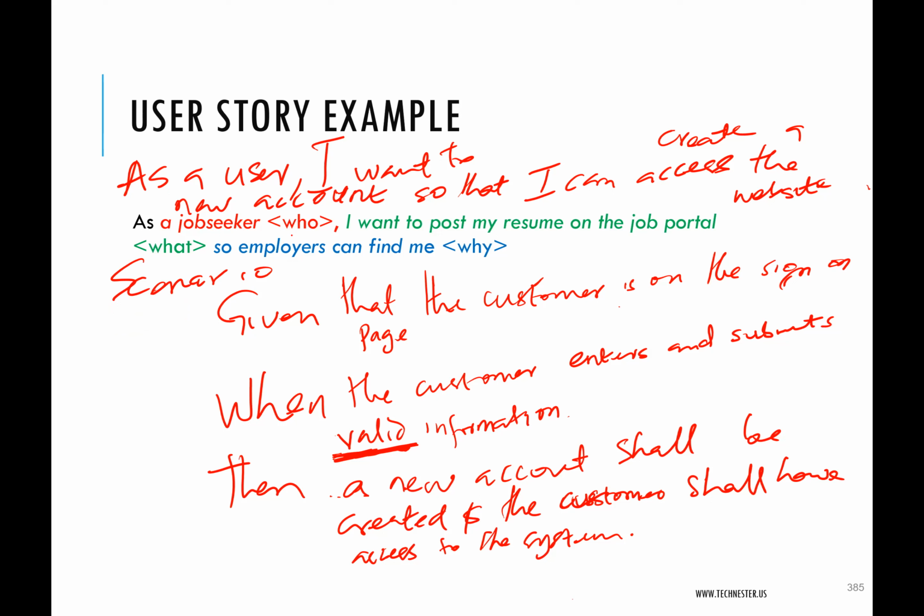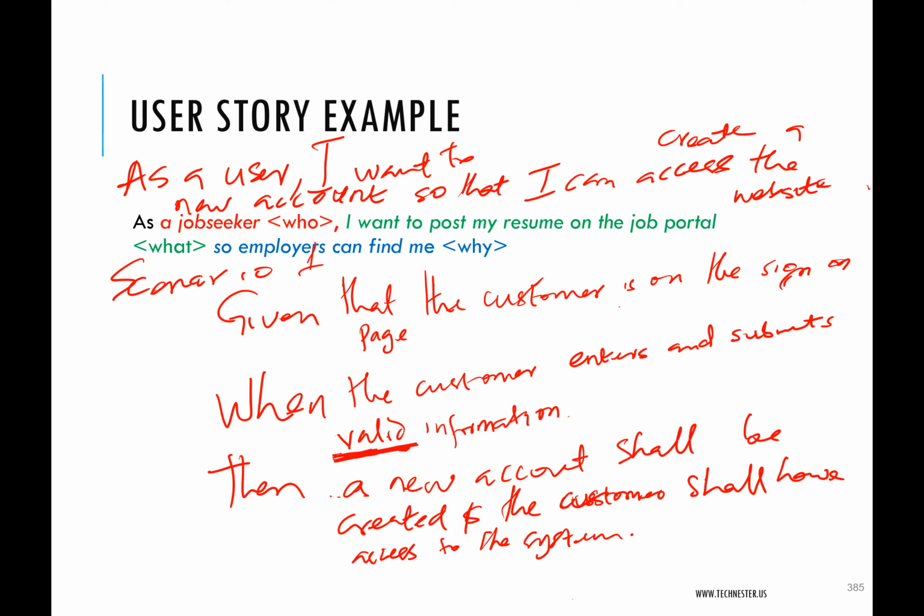You have to tell the developer how to handle invalid information, because I've used the word valid here, saying that I should check the information, right? When the customer enters and submits valid information, that means the developer has to check that the information is valid. So that means this cannot be the end of the story.